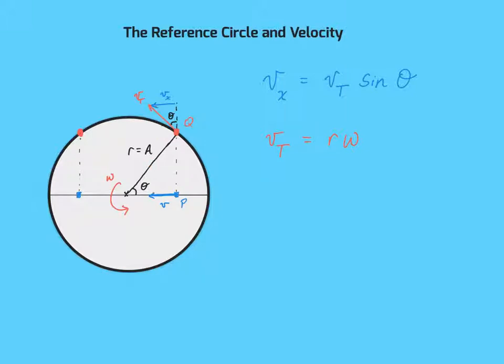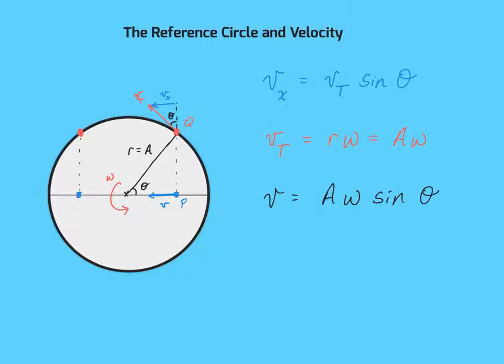So I'm actually going to write in here tangential velocity is equal to A omega. And now that can be plugged in to this equation up here, where we can say that Vx, and I'm just going to write V now, V is equal to A omega times the sine of theta.